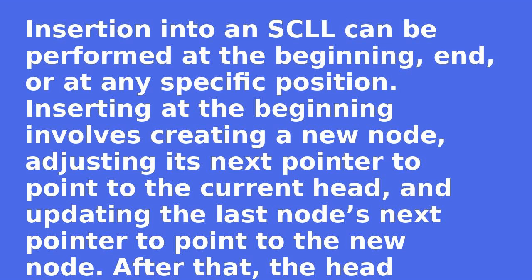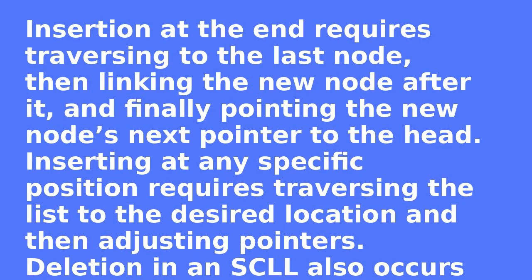After that, the head pointer is updated to point to the new node. Insertion at the end requires traversing to the last node, then linking the new node after it, and finally pointing the new node's next pointer to the head.